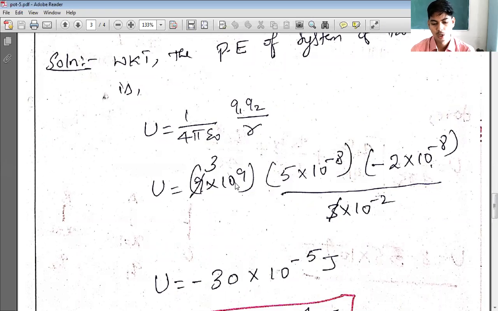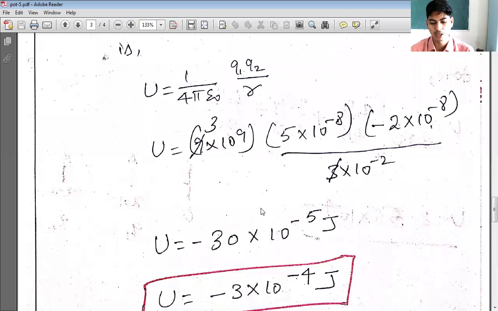Minus 30 into 10 power 9. 10 power minus 8 into 10 power minus 8 is 10 power minus 16. Minus 16 plus 9 is minus 7. 10 power minus 2 goes to the numerator and becomes plus 2. Minus 7 plus 2 is minus 5. So this will be minus 30 into 10 power minus 5 joules.